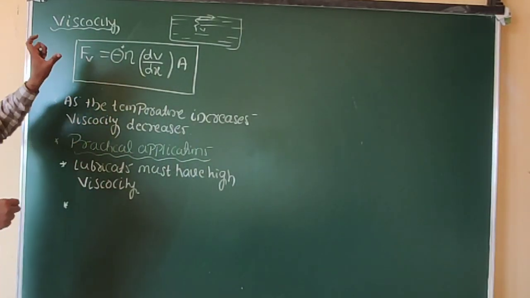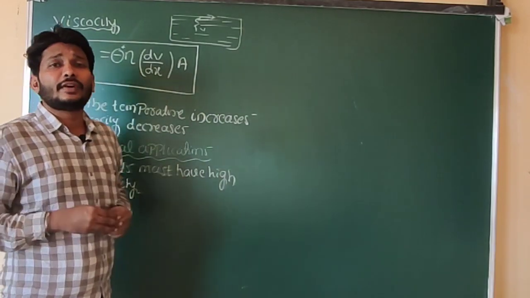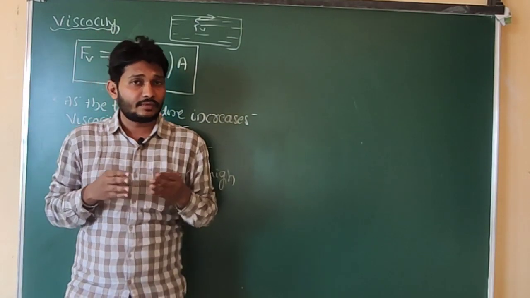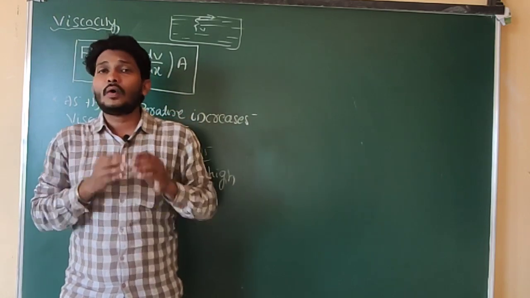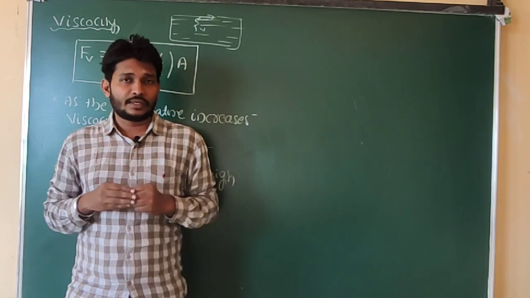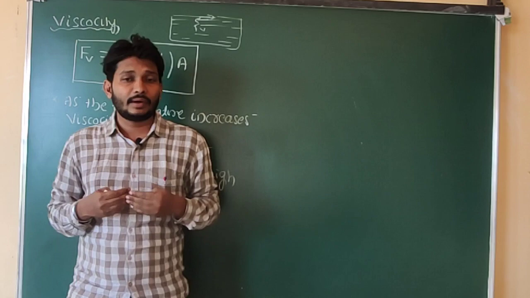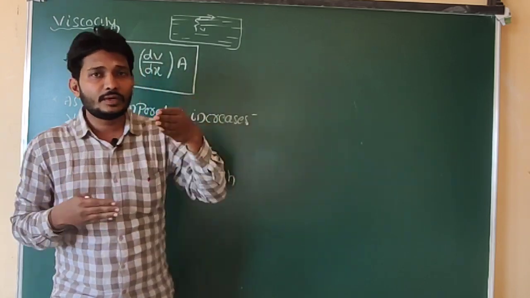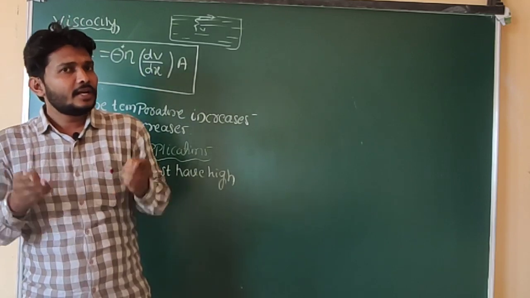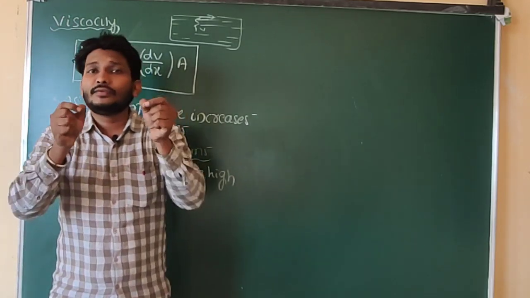For example, in constructing vehicles, automobiles, or ships, we can avoid viscous force. In case of automobiles, the air can oppose the motion of the vehicle, so I want to avoid that viscous force.